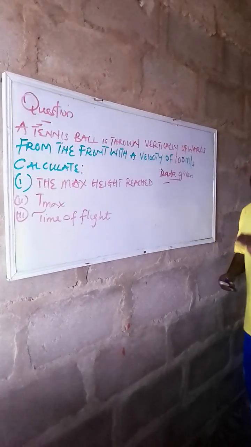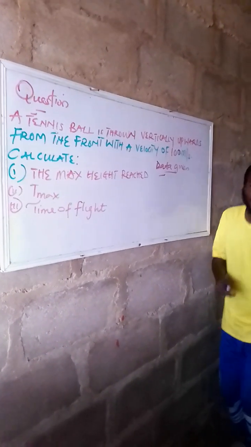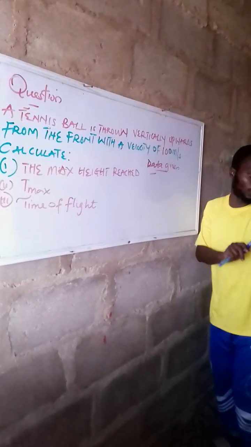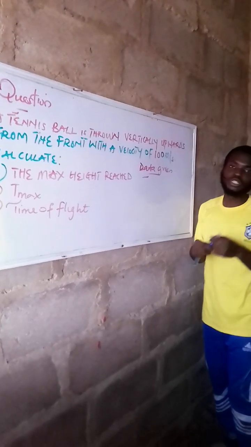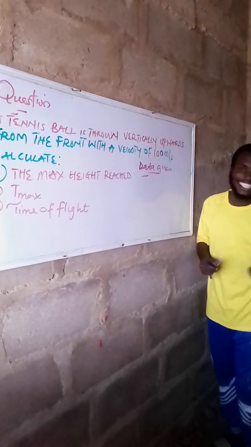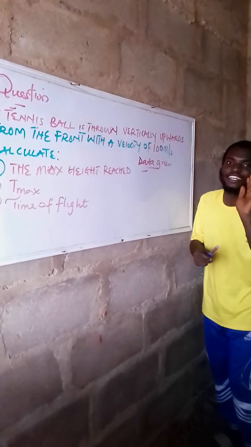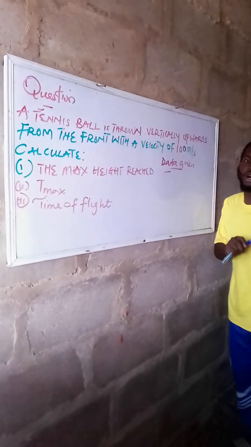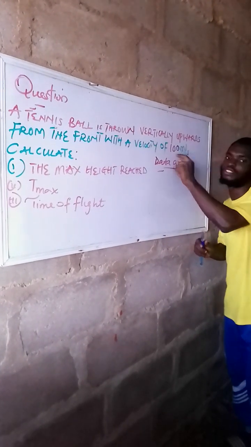When it's going upward, it moves with what velocity? Is it our final velocity or initial velocity? Initial velocity. When it's thrown vertically upward, it moves with the initial velocity of this.